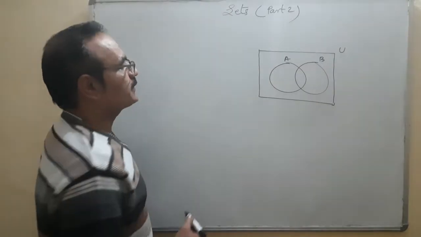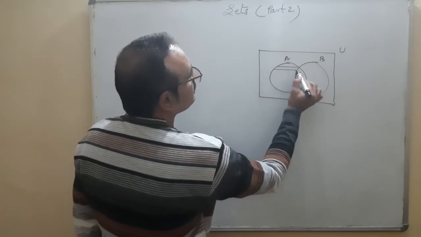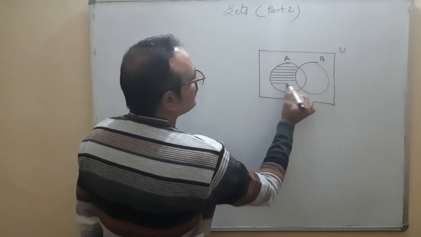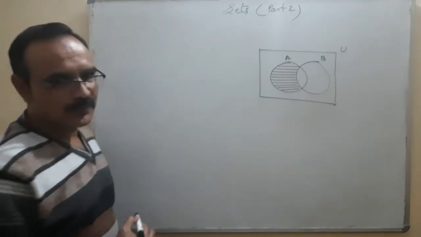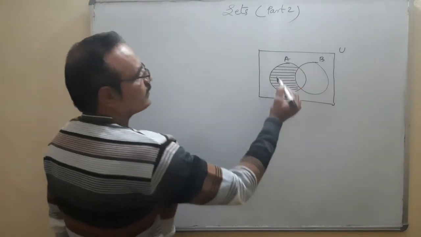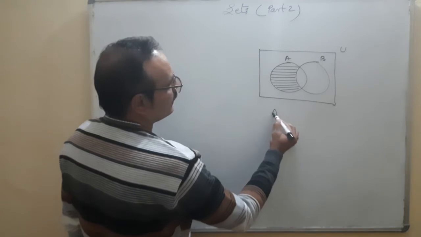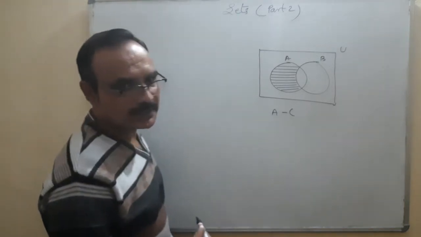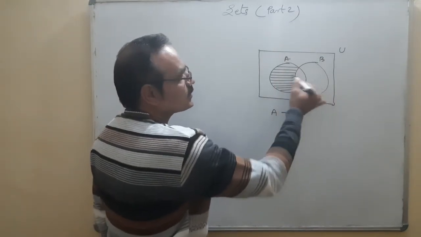If I want to express this shaded portion only, how do we express it? This portion is equal to A minus, this complete portion, minus this portion which should be removed from it.